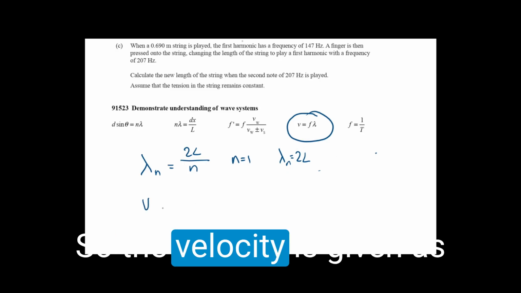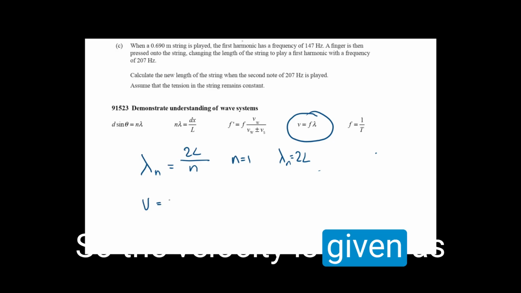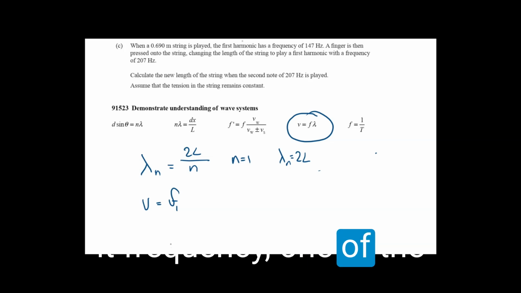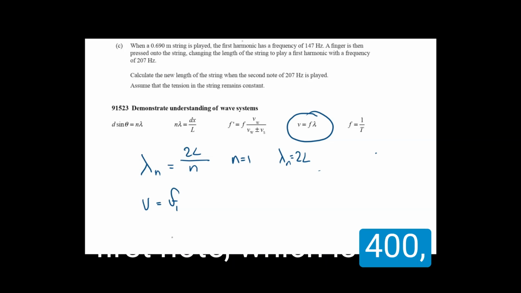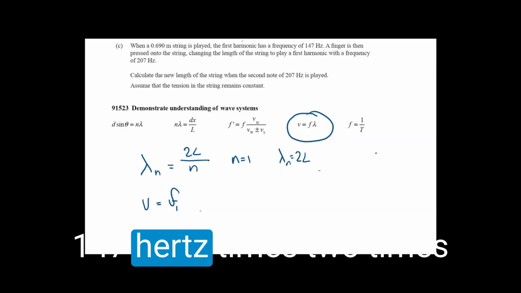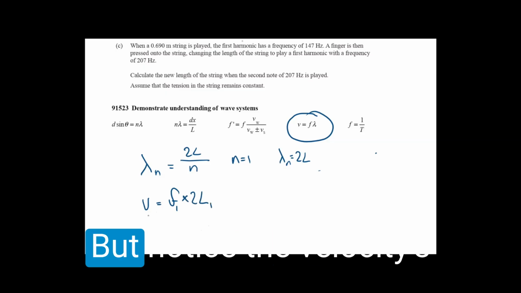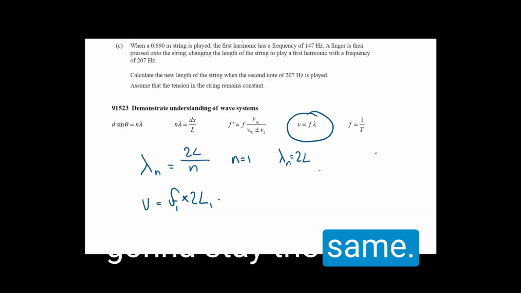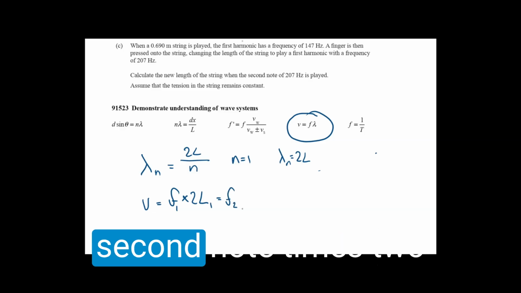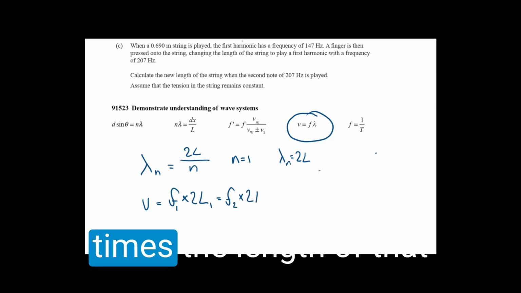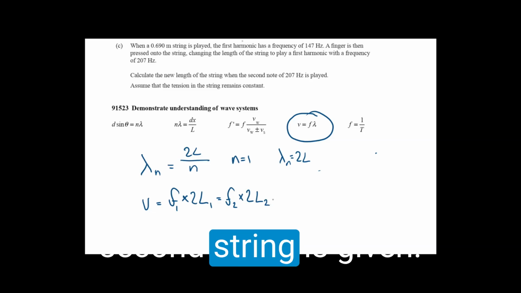So the velocity is given as the frequency of the first note, let's call it frequency 1, which is 147 hertz, times 2 times the length of that string. But notice the velocity is going to stay the same. So it equals the frequency of the second note times 2 times the length of that second string.